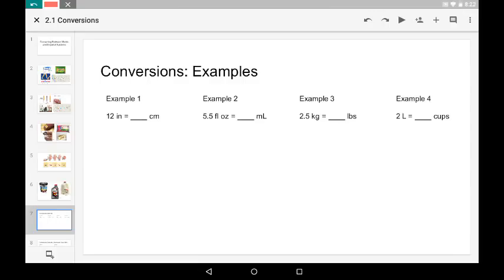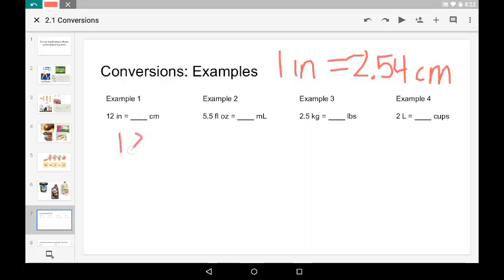If you look on your sheet, it tells you that 1 inch is equal to 2.54 centimeters. The easiest way to solve something like this is to set it up as a proportion that you can solve by cross multiplying.